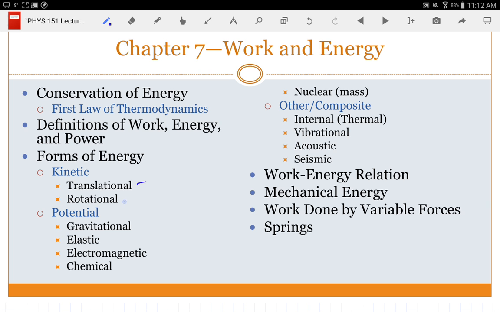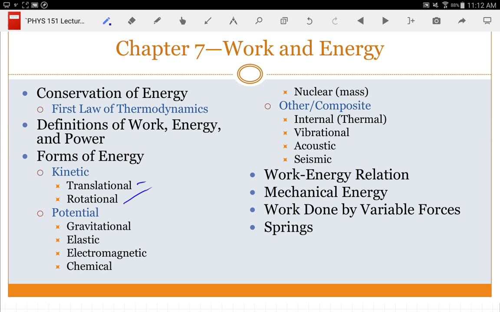Here we have two different types of kinetic energy. Translational. If I'm running, I have translational kinetic energy. Translation just means changing position. Rotation means going around in a loop. If I have a bob that I swing around my head, I can treat it as if it's just going around in a circle and has rotational kinetic energy.